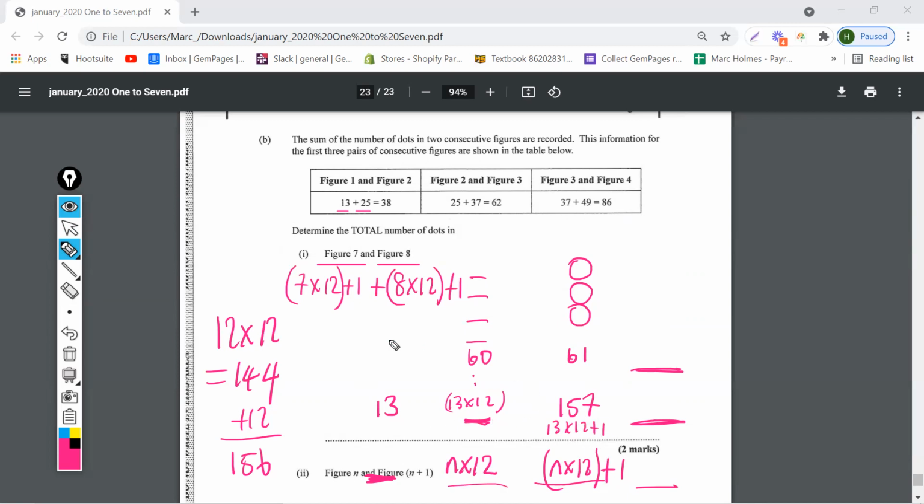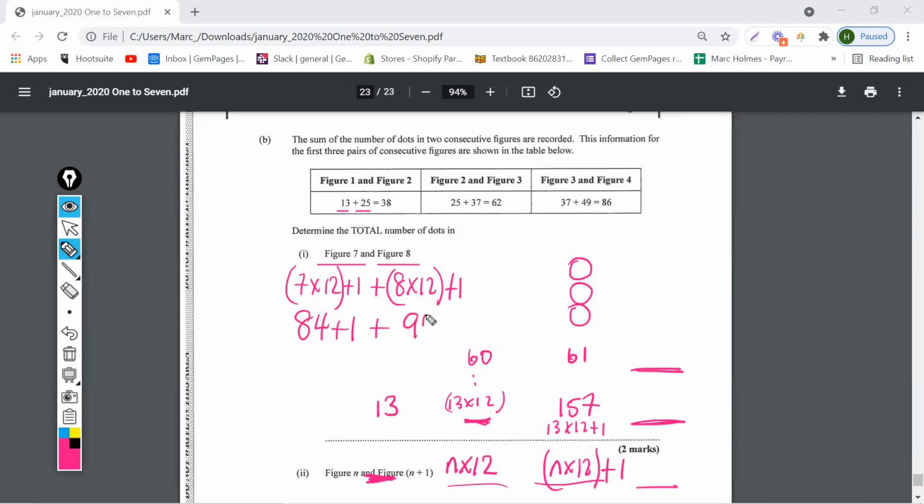So we'd end up here with 84 plus 1 plus 96 plus 1. And this is going to give us 85 plus 97, which is equal to 182. So the answer for this is 182, guys, when you add them together. Cool.